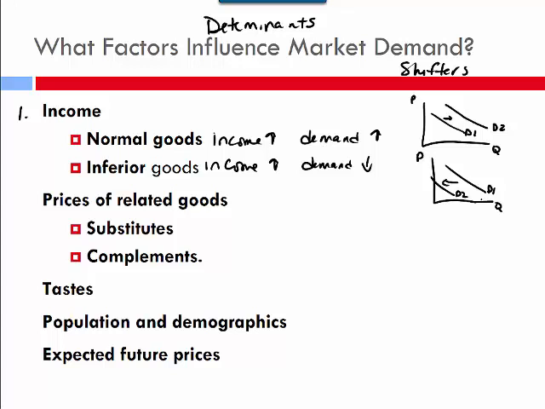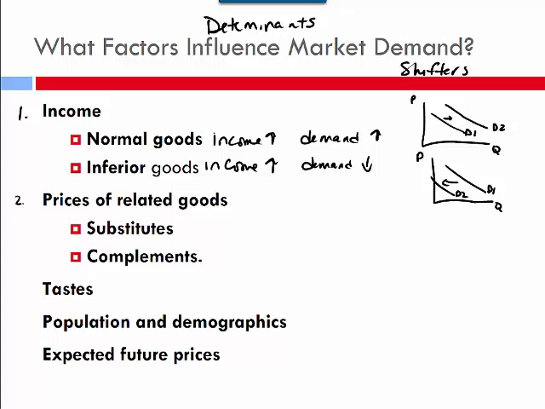So as soon as your income goes up, your demand for McDonald's goes down. That means it's an inferior good for you. But there are other people that it could be a normal good. So as soon as your income goes up, you're going to eat at McDonald's 3 times a week instead of once a week. So for you, that is a normal good. And so both of those things can kind of happen at the same time.